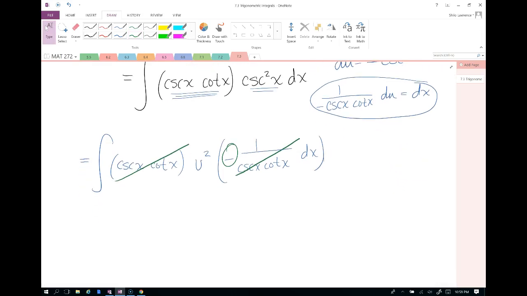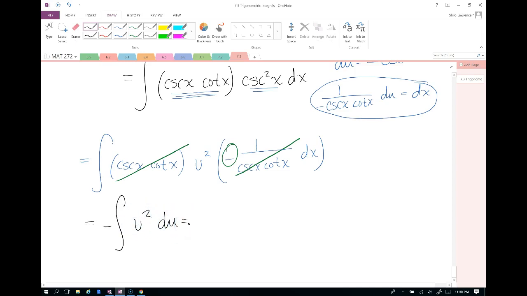So that's really the only difference that we see with the cosecant cotangents compared to the secants and tangents, is that negative sign. The derivatives and antiderivatives are in the exact same pattern, but the derivatives for cosecant and cotangent are negative.